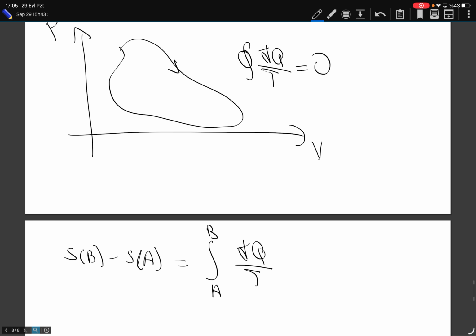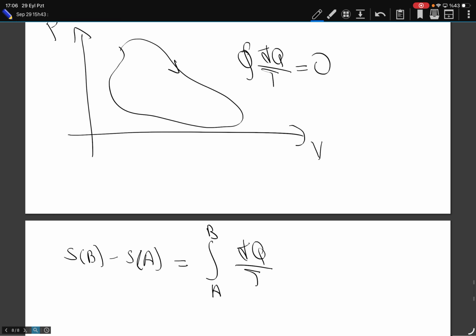If you remember, this just looks like the definition of the potential. If the loop integral of a quantity is 0, then if you integrate that quantity from one point to the other point, that integral depends only on the endpoints. It does not depend on how you go between the endpoints.